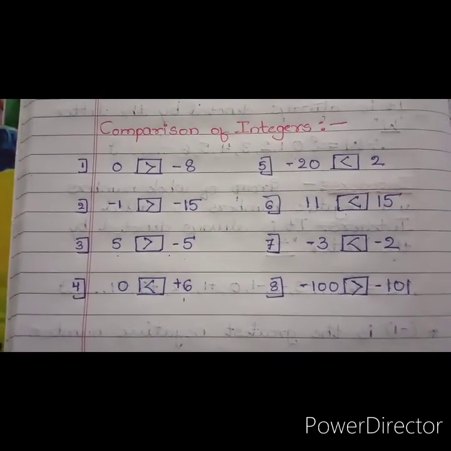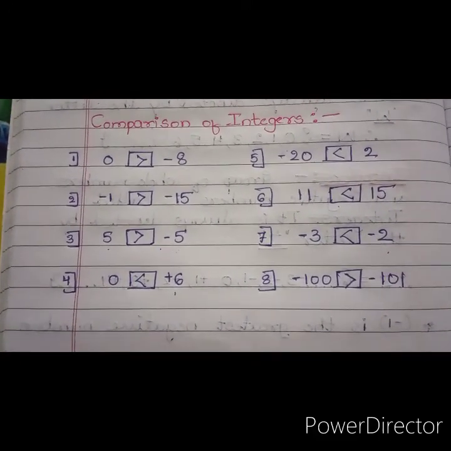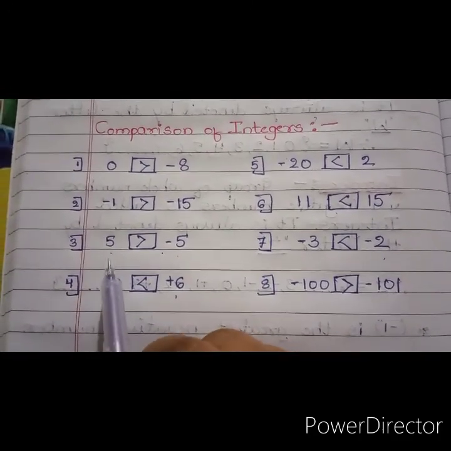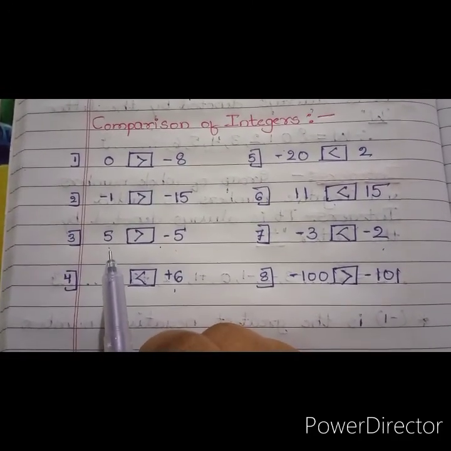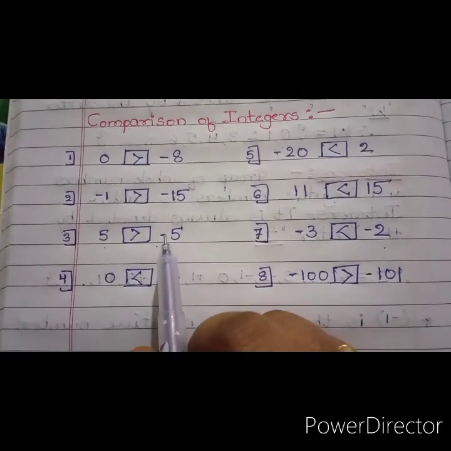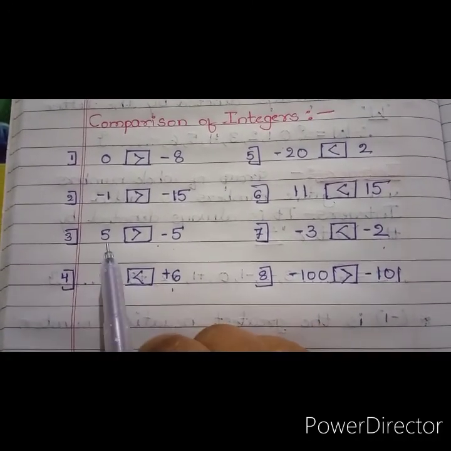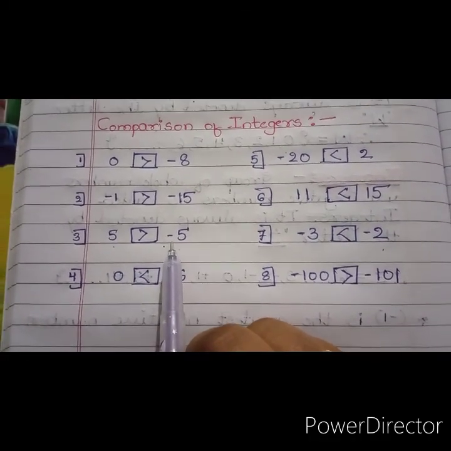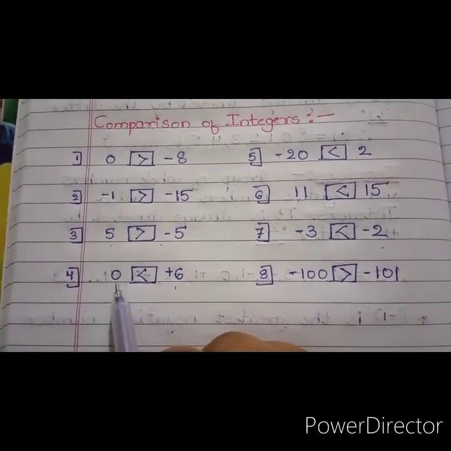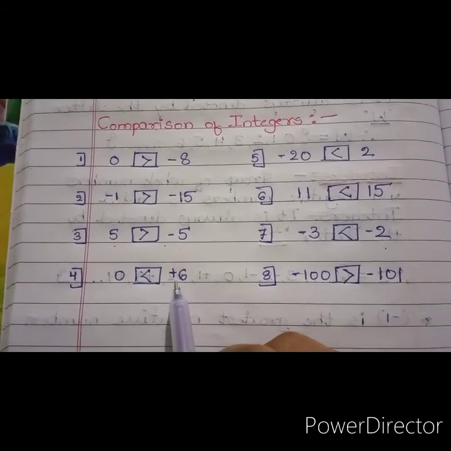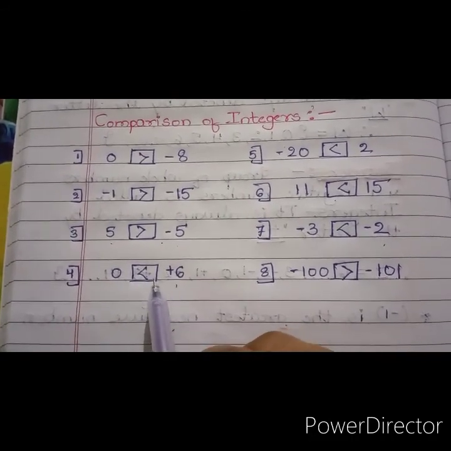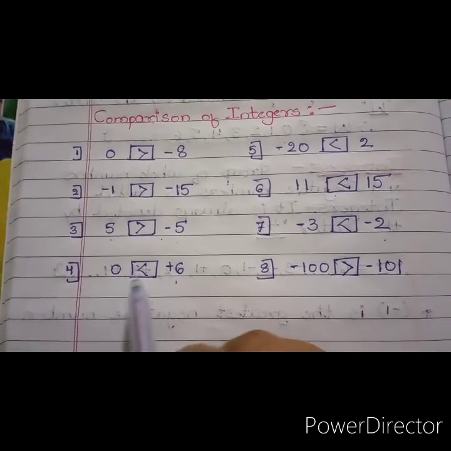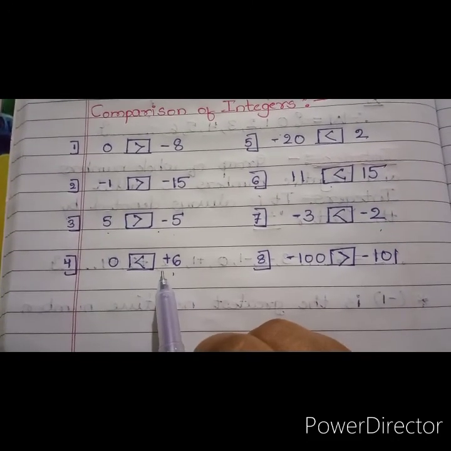Let us learn some important points while comparing integers. See here children, every positive integer is larger than every negative integer. That's why 5 is greater than minus 5. Now see here 0 and plus 6. Here plus 6 is the greatest one. Why? Because 0 is less than every positive integer.